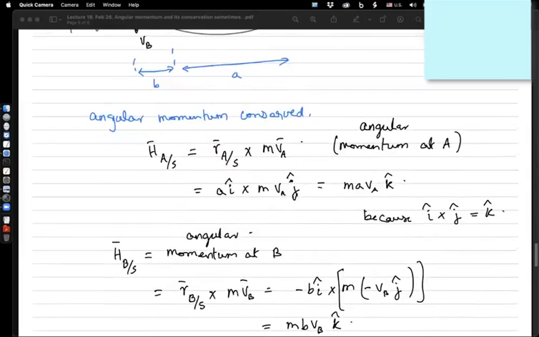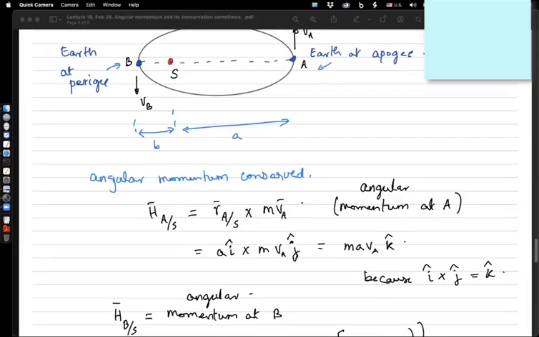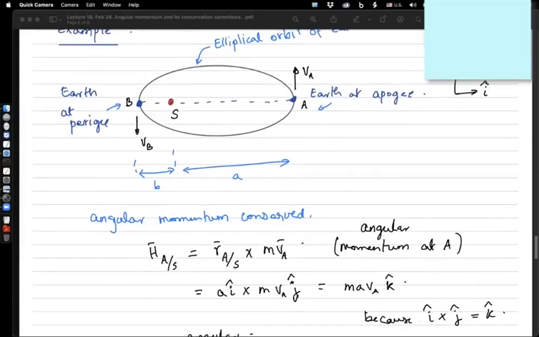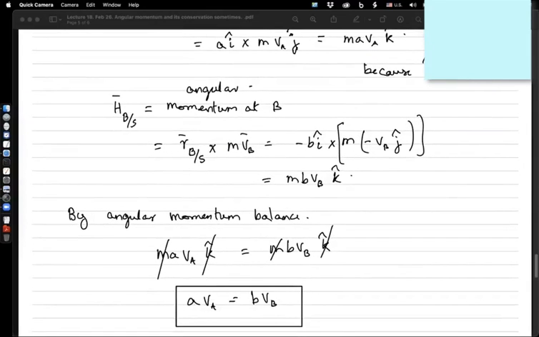And this vector is going to be minus v_B j because it's in the minus j direction. So plug those things in: minus b i crossed with m times minus v_B j. And then i cross j is still k. The minus and the minus becomes plus. And then we have m b v_B.